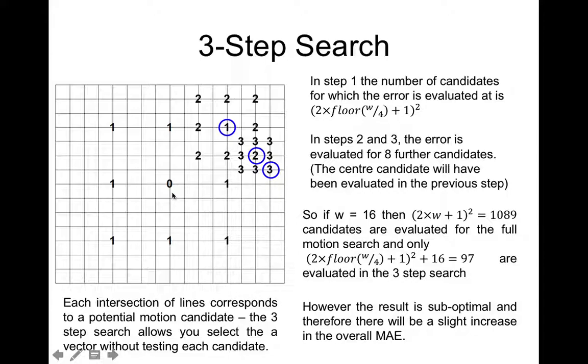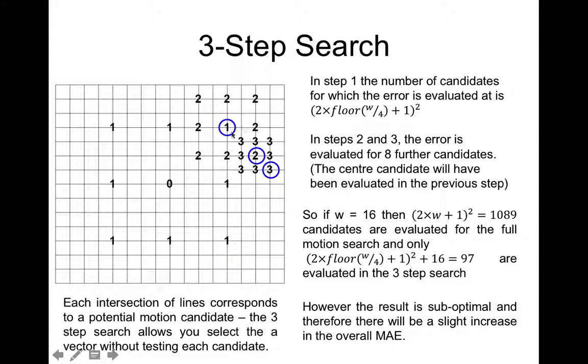The simple hierarchical search would be: you first test these 9 locations at a step of 4. You look plus or minus 4 in these 8 different positions, and you test whether the block matches or not. You look at the best matching block, and let's say this one gives you the best match.